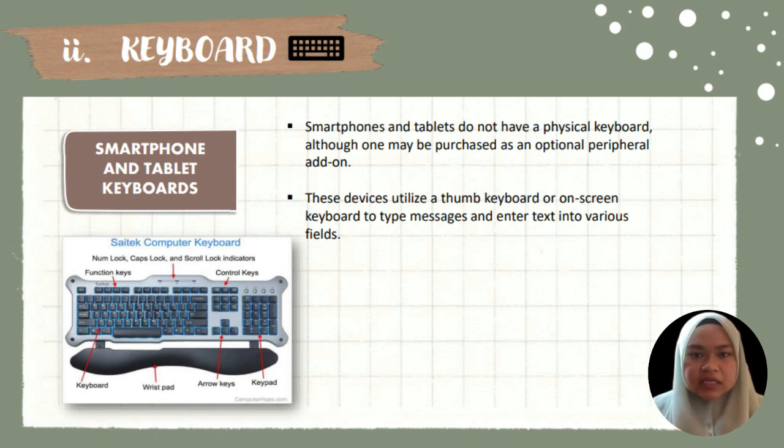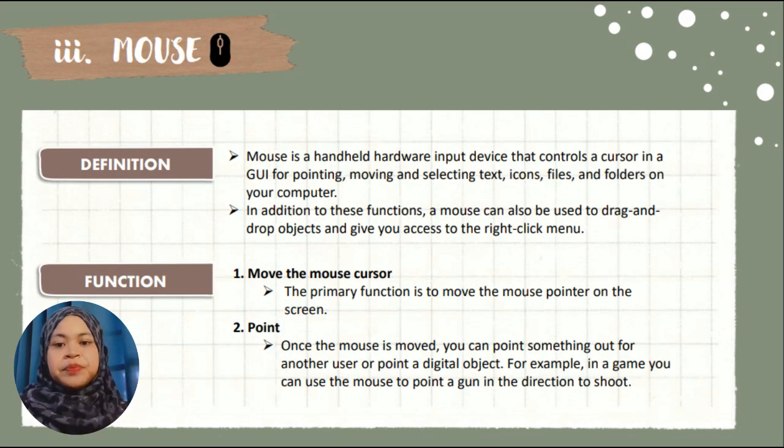The FN key is used to give other keys more than one function. For example, pressing the FN key and the up or down arrow on the keyboard may increase or decrease screen brightness. Also, many laptop keyboards generally omit the numeric keypad to save space.